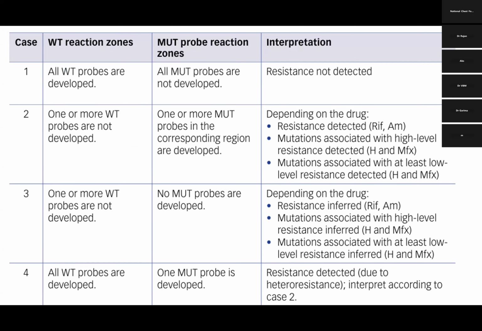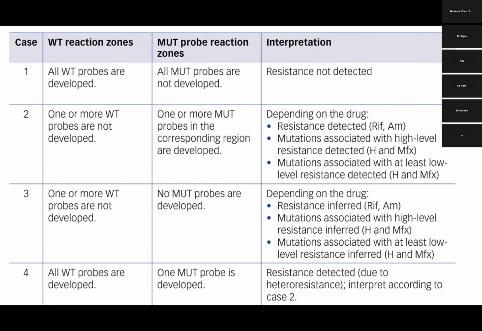So there are four case scenarios of what can happen. Case one: all WT probes are developed and all MUT probes are not developed. That is, resistance is not detected; it is sensitive. Then, one or more WT probes are not developed and one or more MUT probes of the corresponding regions are developed. That is resistant, again depending on the drug.